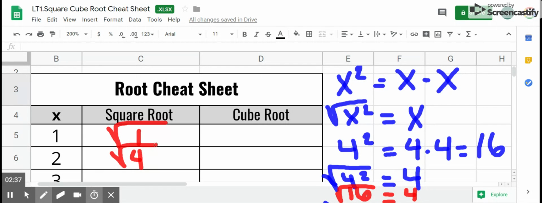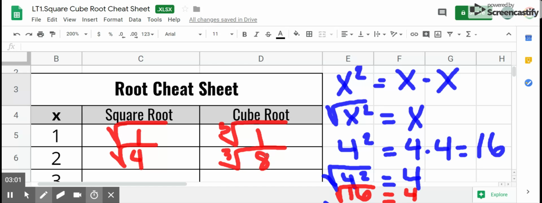Pretty simple. Now cubed root, we're going to multiply by 3 times, so we have a 3 on the outside. 1 times 1 times 1 is 1, so the cubed root of 1 is 1. For 2, we have 2 times 2 times 2. 2 times 2 is 4, 4 times 2 is 8. So the cubed root of 8 is 2.